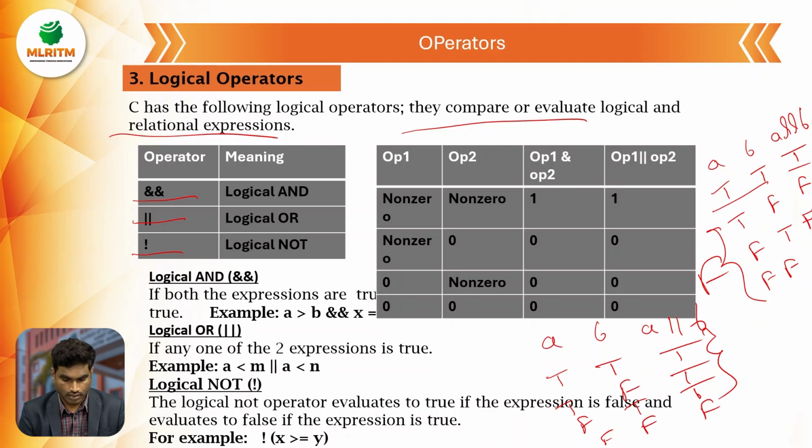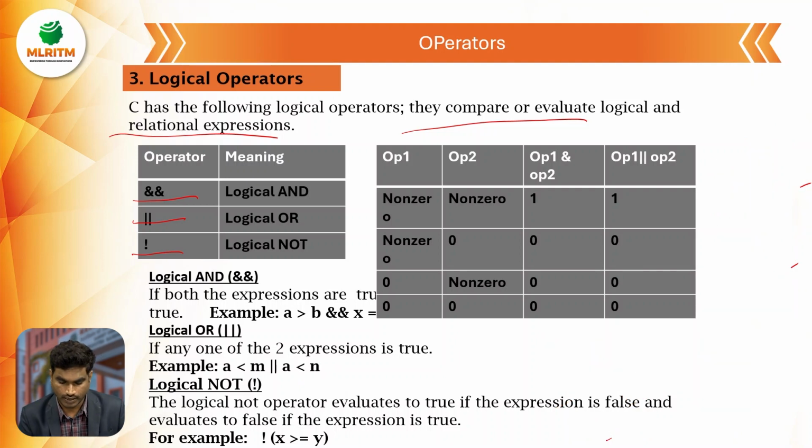Here, if any one of the two expressions is true, the result is true. Example, a less than m or a less than n. Here, I am taking the example a greater than b and x equal to y.